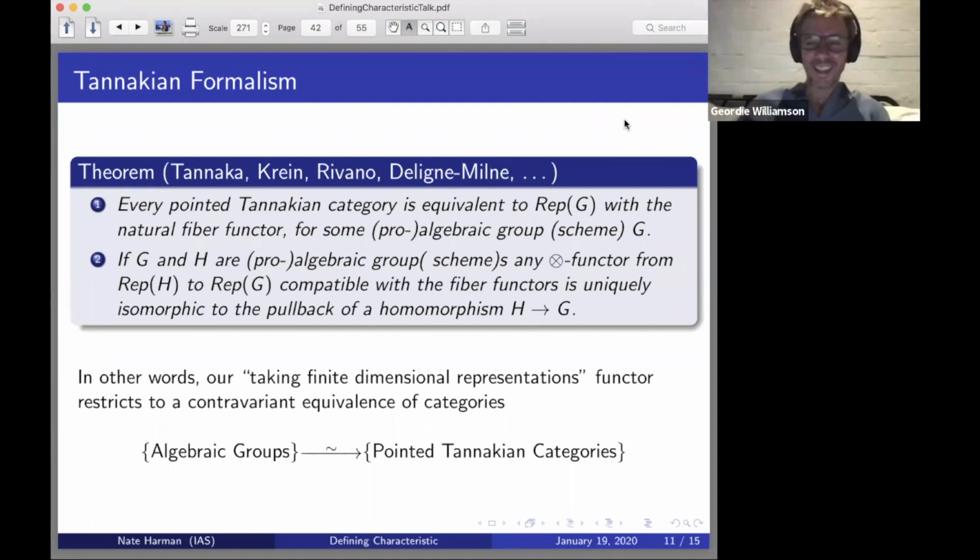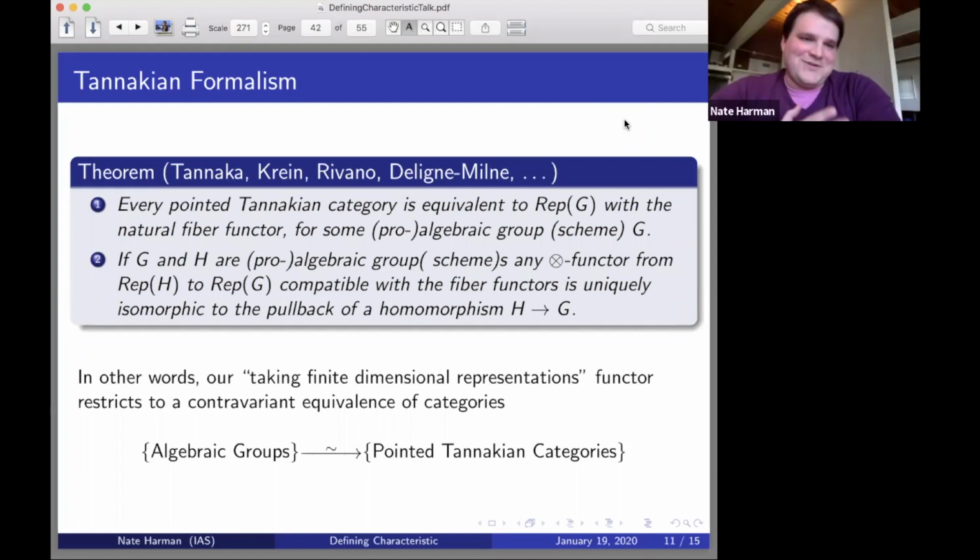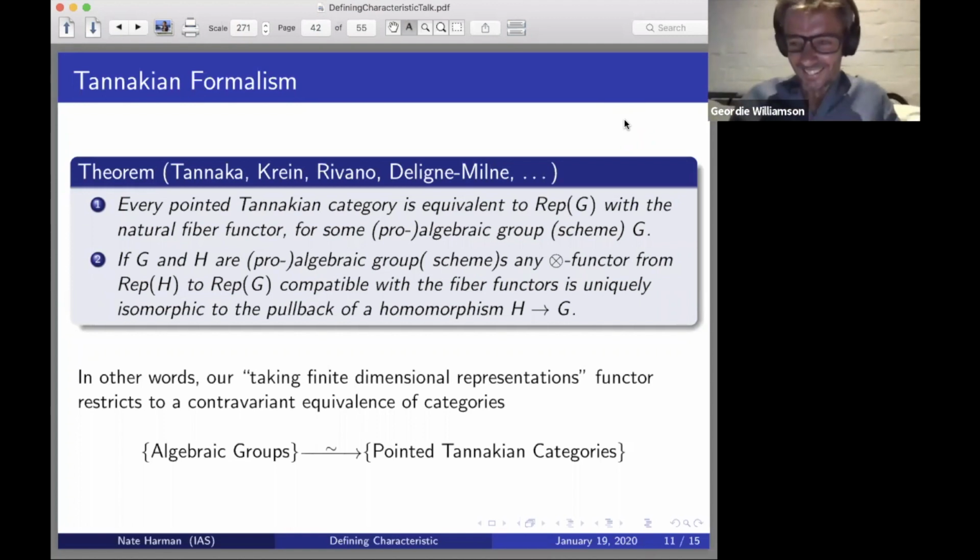Nate, it's so funny, I'd actually typed this explanation in the chat as to why pointed is a good name. Oh, great. And then deleted it. That's really amusing.